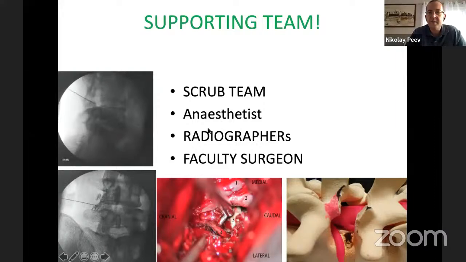Anesthetist is very important as well, because, as I said, your first cases will be under pseudoanalgesia, and if you have experienced anesthetists that can give you a good sedation and good pseudoanalgesia, that will be very helpful for the initial cases, which will be inevitably slower and more difficult.